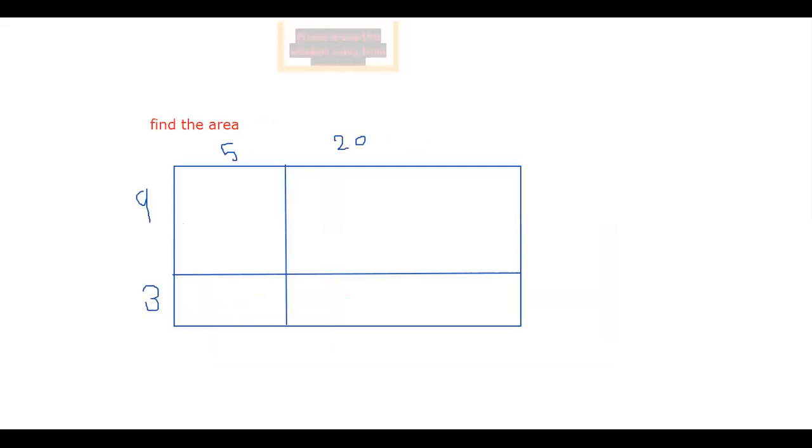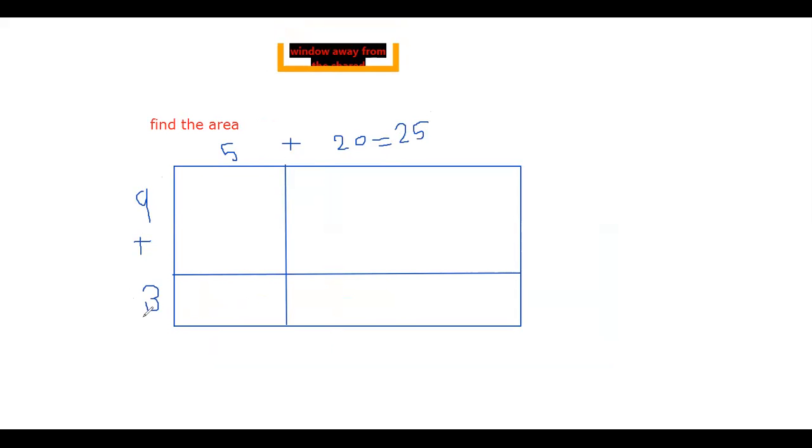You will find that this will be 5, and this is 20. This will be 9, and this is 3. So we took that on the quiz, right? We say at first I need to add these two numbers and these two numbers. So 5 plus 20, that will be 25.